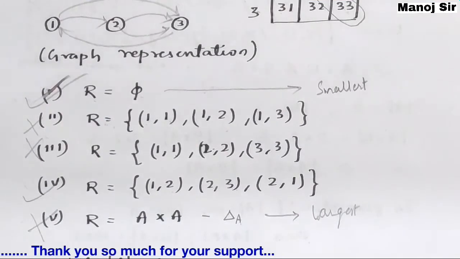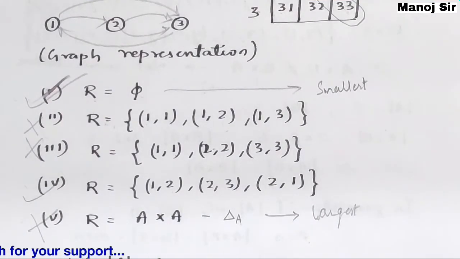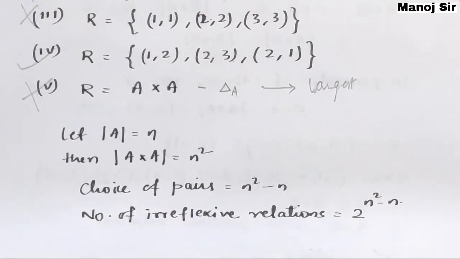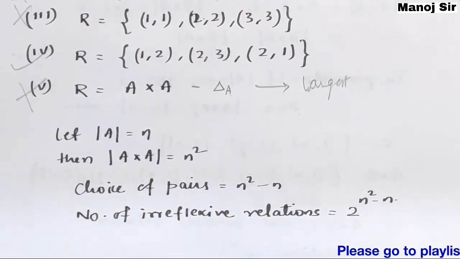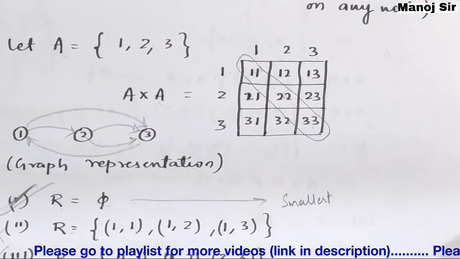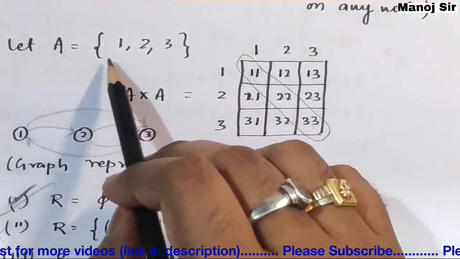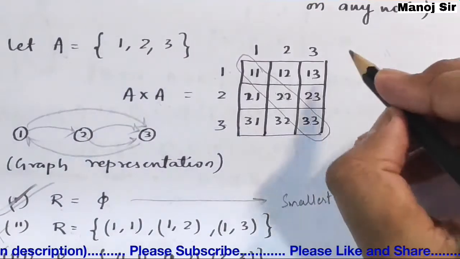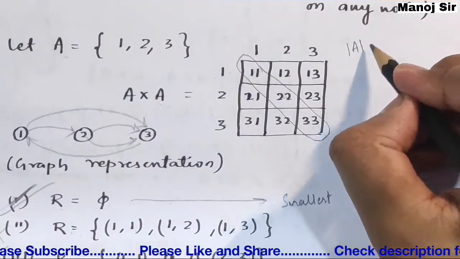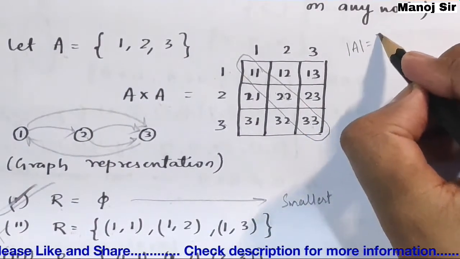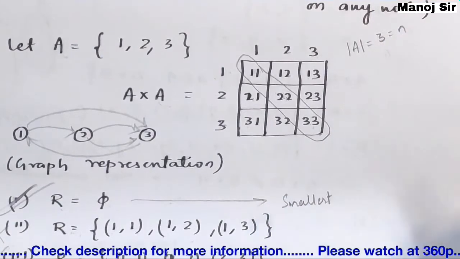After this we need to find the number of irreflexive relations. Let me tell you with an example. Here we have set A, and the number of elements is 3. Let's suppose this is my n.